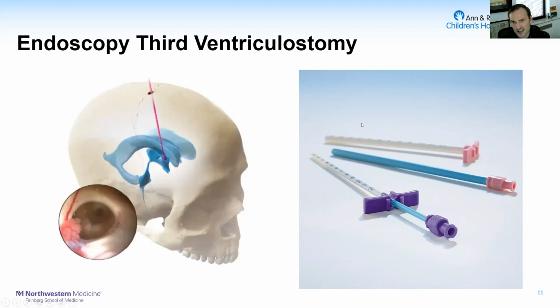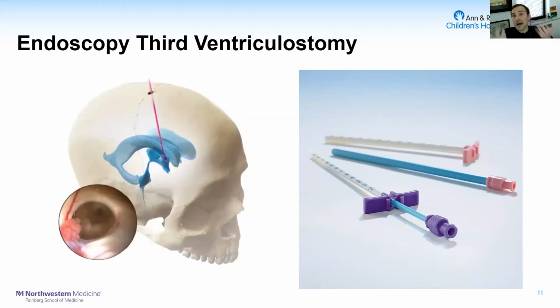Basically it's a bit of a placeholder, if you will, that goes through the brain into the ventricle, and it allows us to have a channel that's always available. So if I were to withdraw the endoscope out of the ventricle, I can get back in very easily through this peel-away sheath, which gives me constant access.